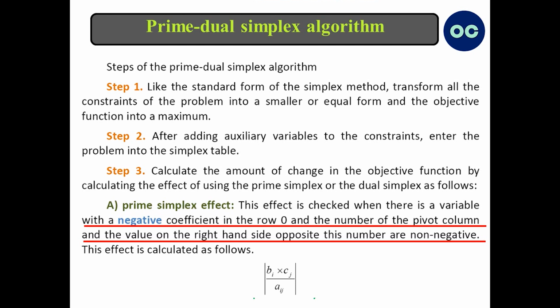There are two cases here. The first case is the primal simplex effect. In this effect, when there is a variable with a negative coefficient in row 0 and the pivot column's number and the number on the right-hand side opposite that number are non-negative, we calculate the effect like this.